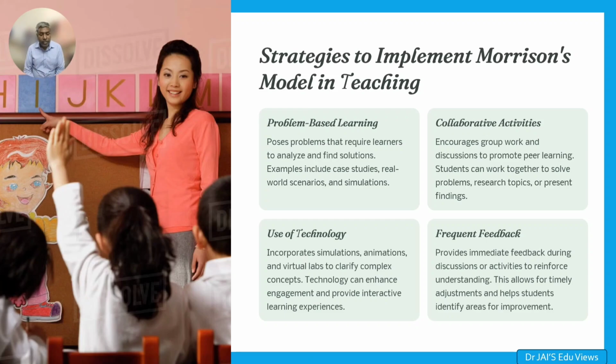In that situation, we have to pose some problems that require learners to analyze and find solutions. So that is implemented by Morrison. We have to create a situation and ask them to find a solution for that. Then they can easily understand the situations.